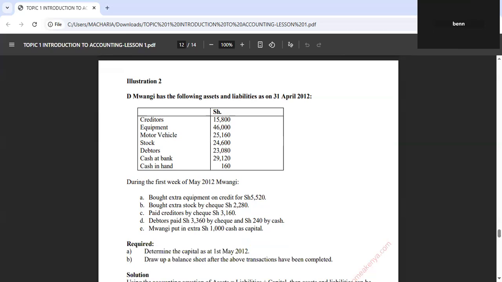I give you 10 minutes. Give me the amount of capital. Capital at the end or at the beginning of May?